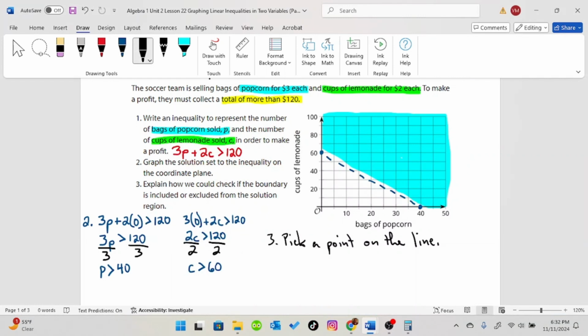A point on the line that I could pick besides the intercepts at (0, 60) or at (40, 0) could be this point at (20, 30).